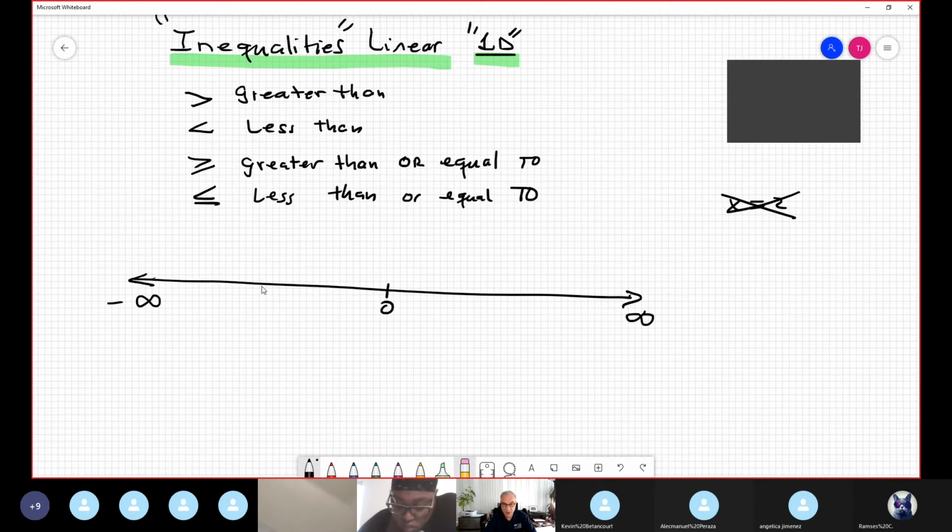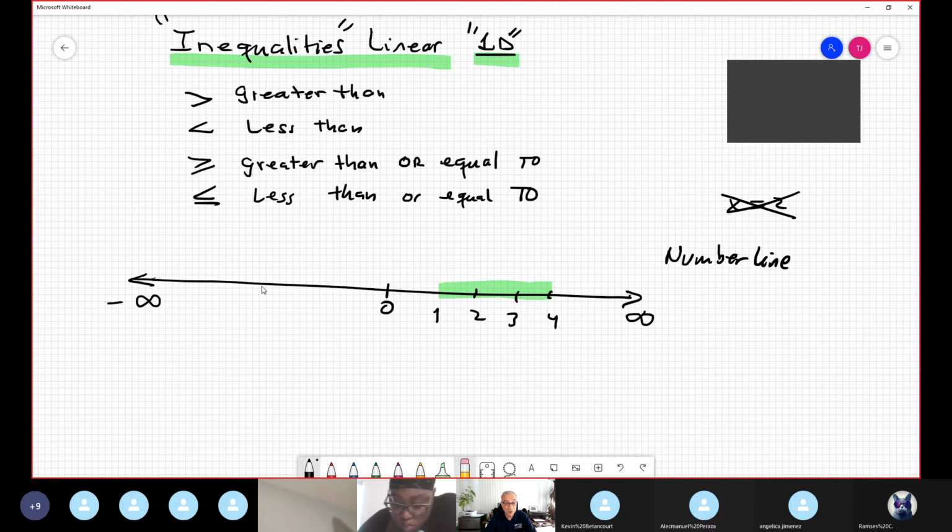This is my number line. One specific interval inside this is my solution. Suppose that this is 1, this is 2, this is 3, and this is 4, and the interval is in between 1 and 4.